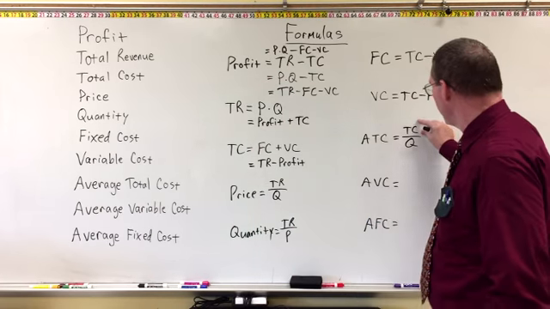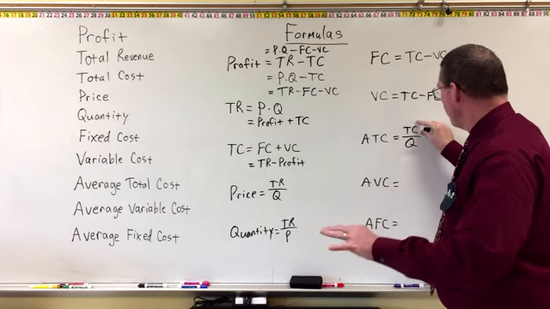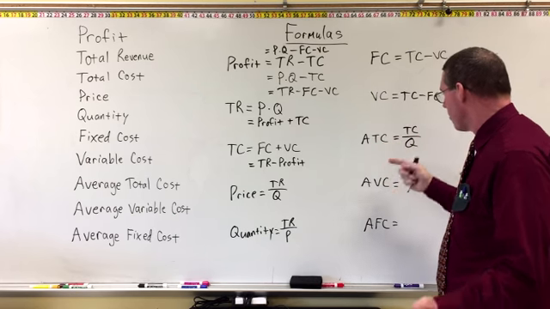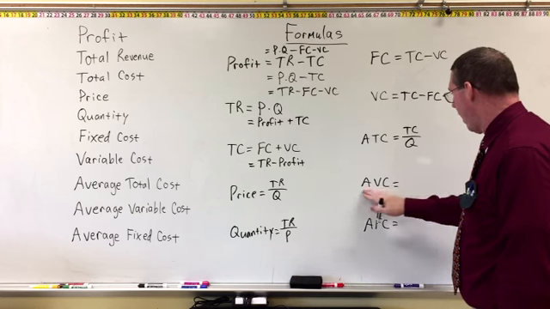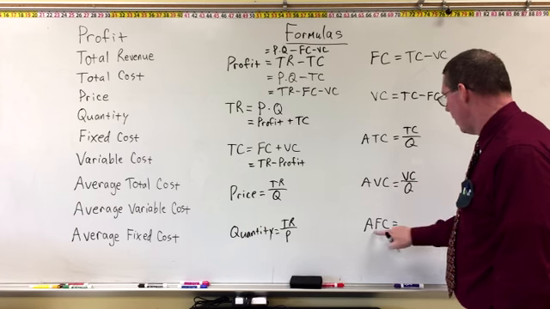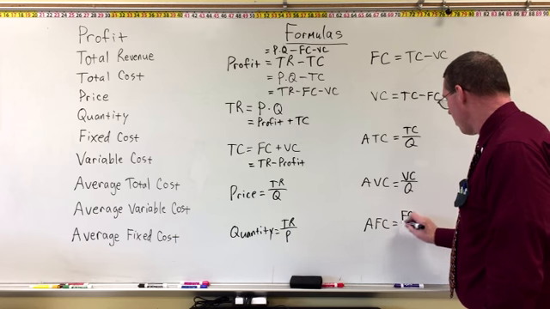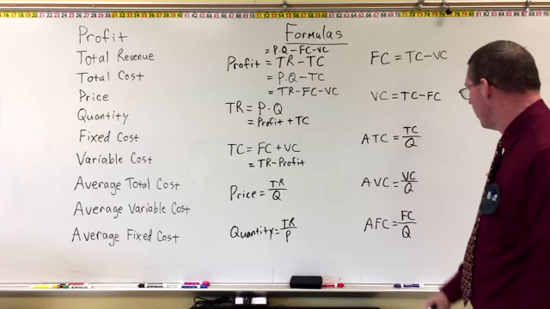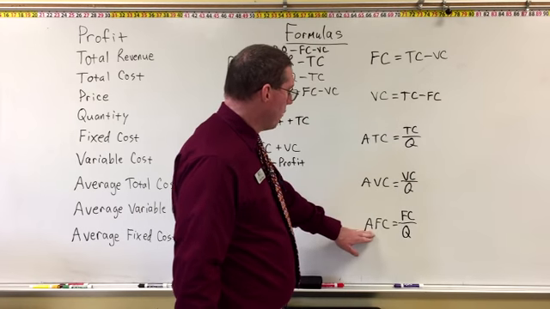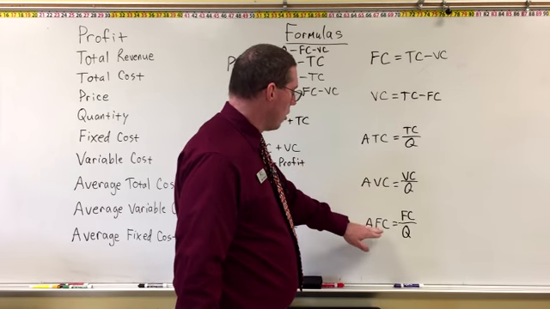If we took a little bit of total cost and distributed the same piece to every single quantity, you would get average total cost. In the very same way, you could get average variable cost. That's variable cost divided by quantity, and average fixed cost is the fixed cost of the company divided by their quantity of production. And so these are the basic formulas for average total cost, average variable cost, and average fixed cost.